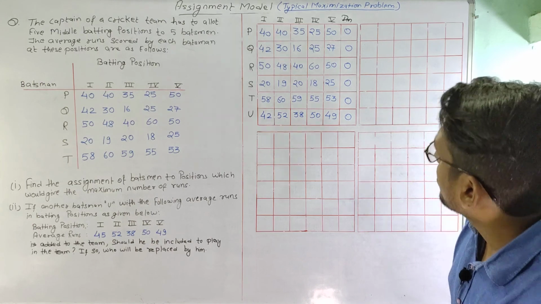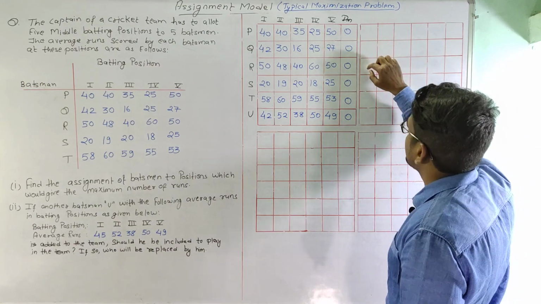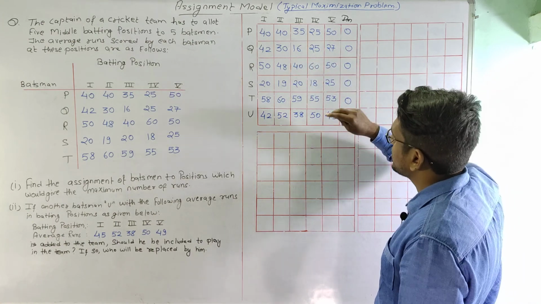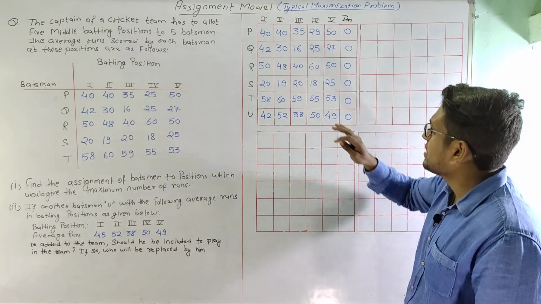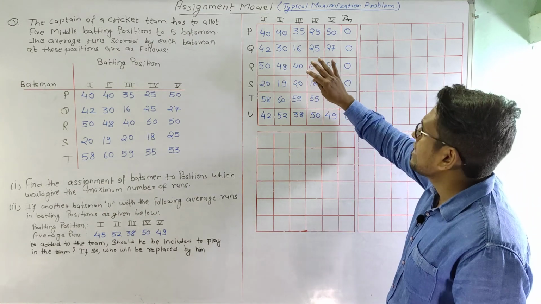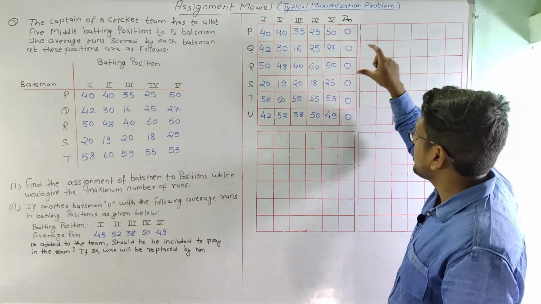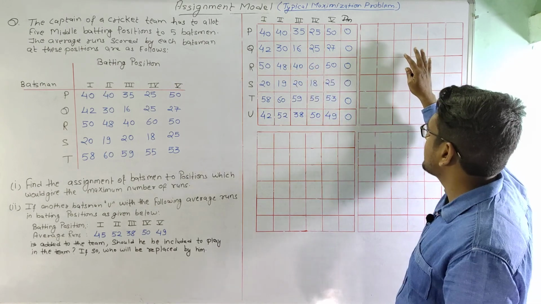So let us move on to the method, and we know that after making it a square matrix we need to reduce the matrix, but before that we need to understand that this particular matrix is a maximization matrix. In order to solve the problem we need to convert this maximization matrix into minimization form.